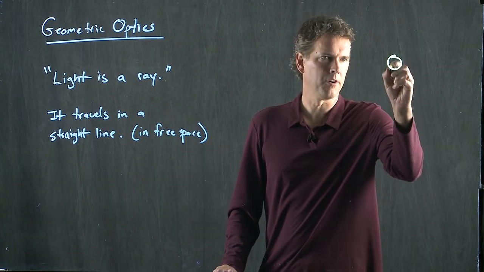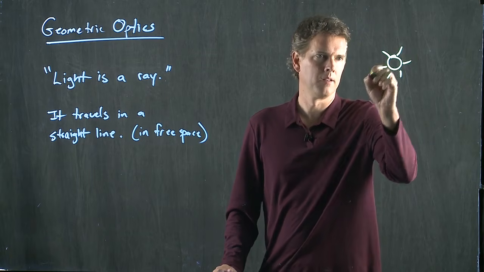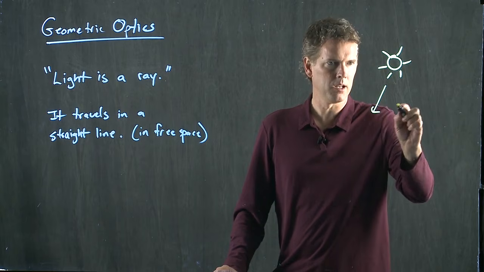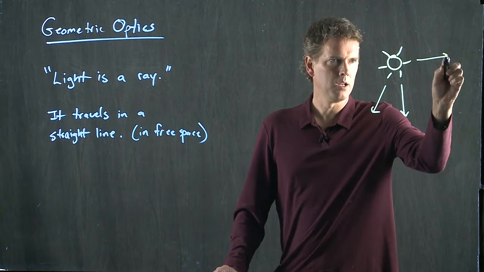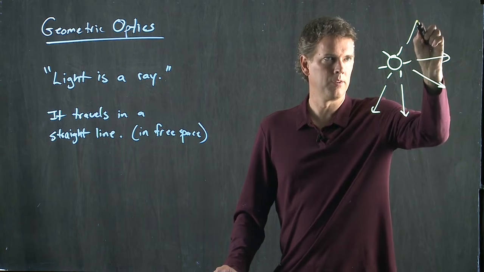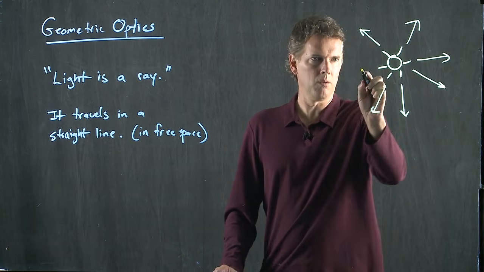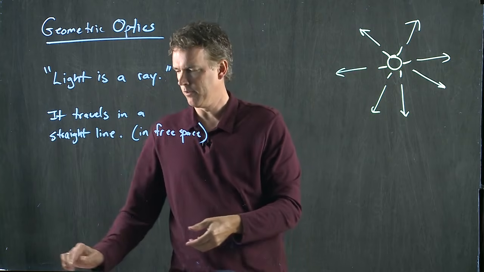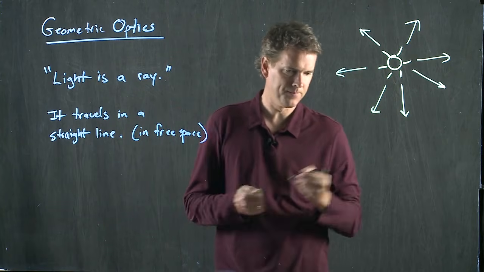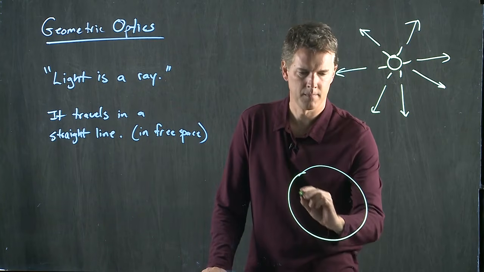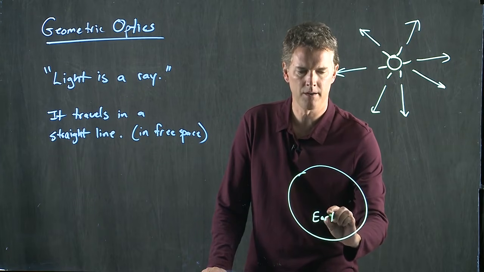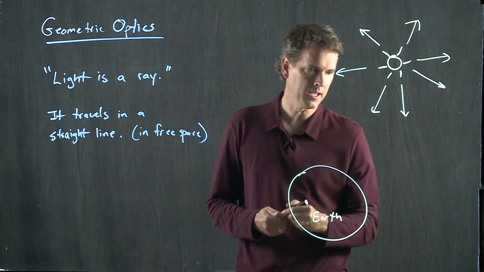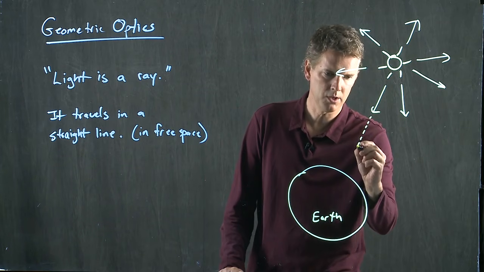So when you think about a star, here's a distant star. Okay, what is that star doing? Well, it's spitting out electromagnetic radiation in all these different directions. And each little bundle acts like a ray. And so if you're sitting down here on Earth looking up at that star, there is a ray that came directly to you.